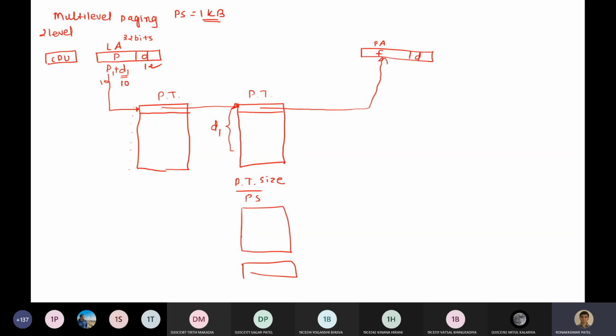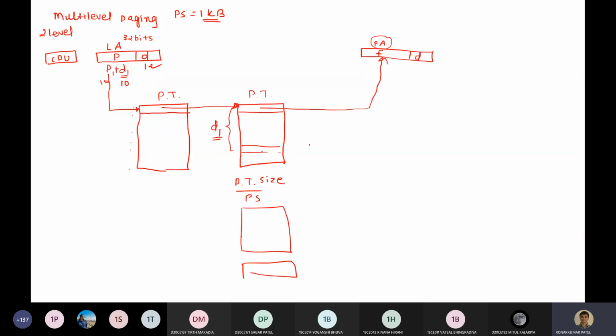And in that page table, which entry you will find out using D1, and from that particular entry you will get the actual frame number. Your physical address will remain as it is.